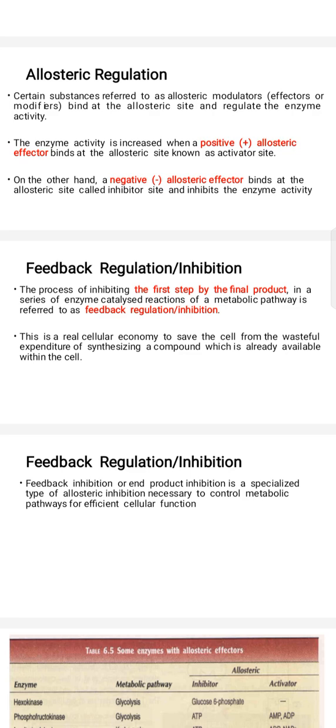The positive allosteric effectors help in increasing the enzyme activity by binding to the activator site. The negative allosteric effectors bind at the inhibitor site and inhibit the enzyme activity.